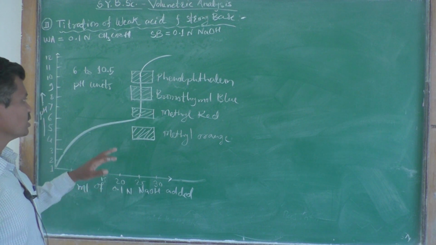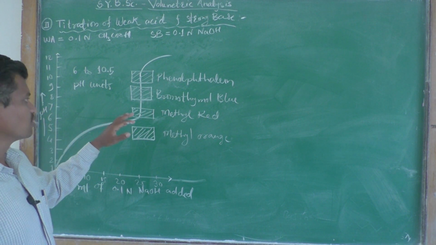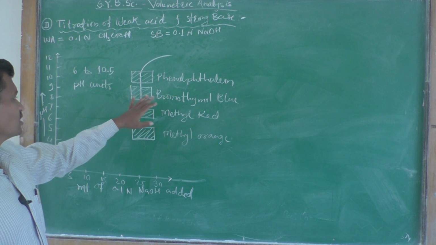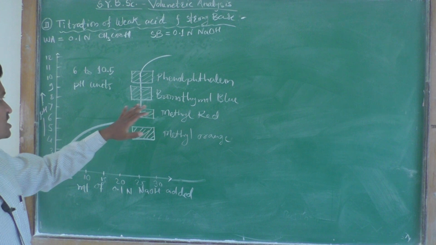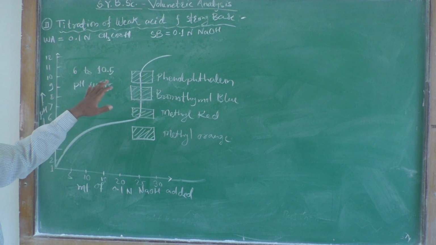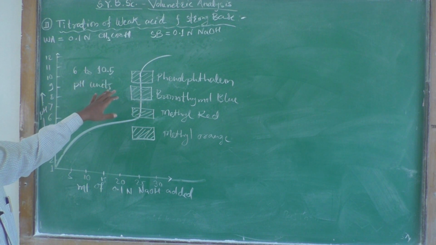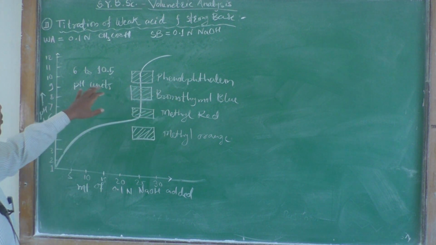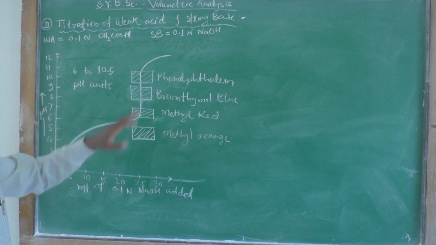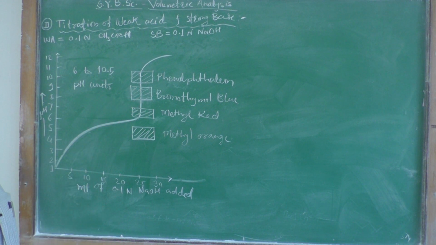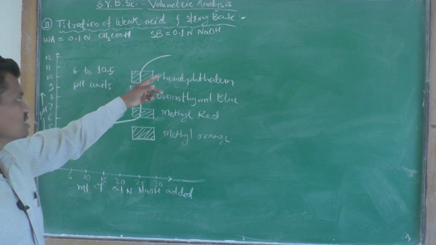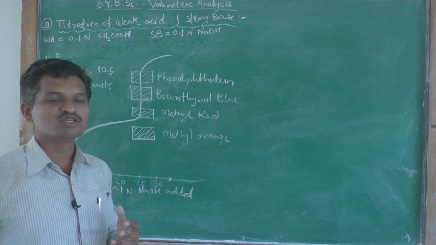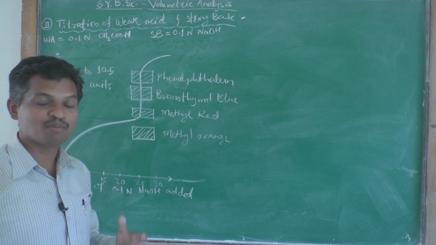Bromothymol blue has the transition range from 6 to 7.6, and phenolphthalein has a transition range from 8 to 10.1, around about that. Both these indicators, phenolphthalein and bromothymol blue, are suitable indicators for this titration.